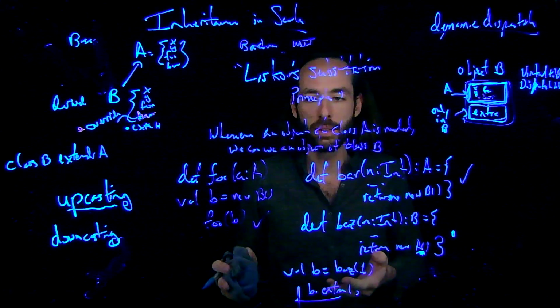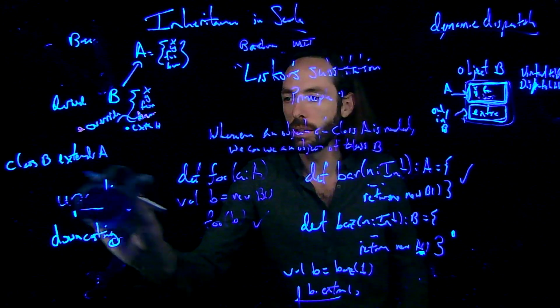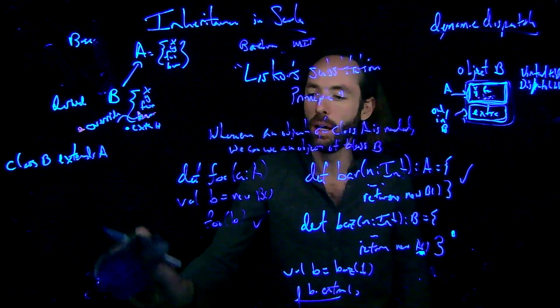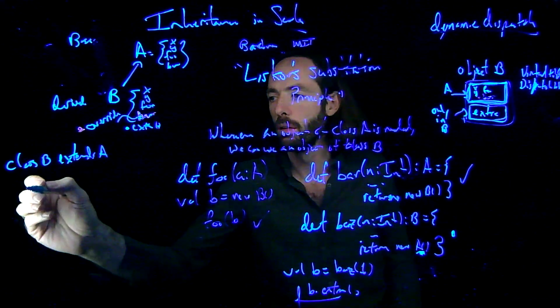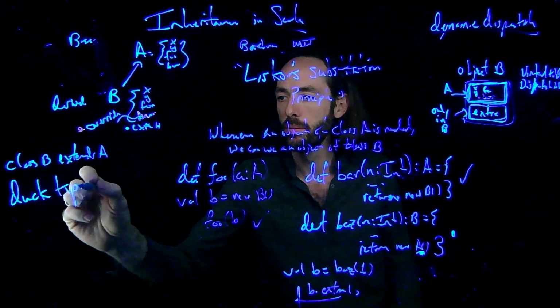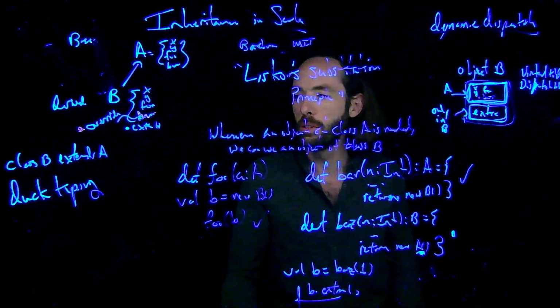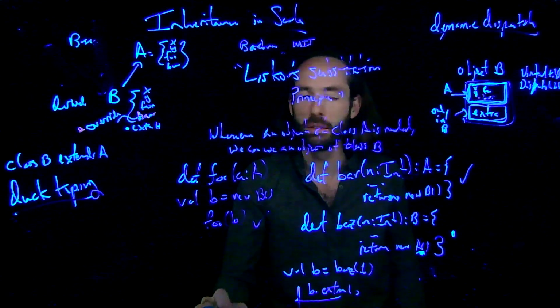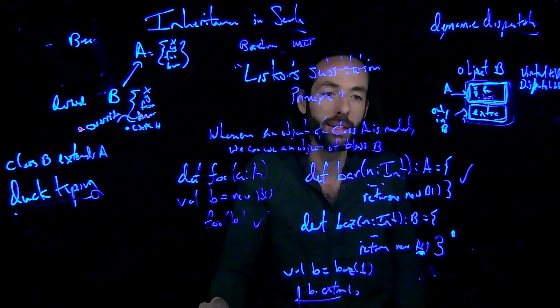This is a little different, so this is how it works in Scala, but it's a little different in Python. So in Python, they use something called duck typing, which basically says if it looks like a duck and walks like a duck and quacks like a duck, then it is a duck.